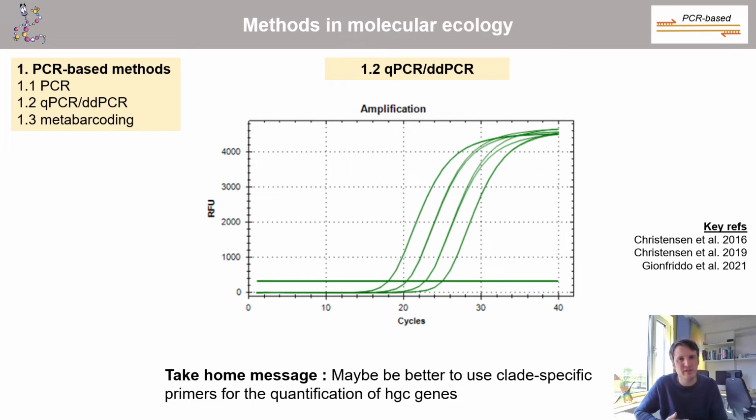Here I don't go into detail about qPCR, but what I think is important is that Geoff Christensen did some papers on the fact that it may be better to use class-specific primers for hgc genes for the quantification than a universal primer. So you can read the papers I put on the right here, especially the last one from Kathleen, where she designed a somewhat better primer based on Geoff's work.